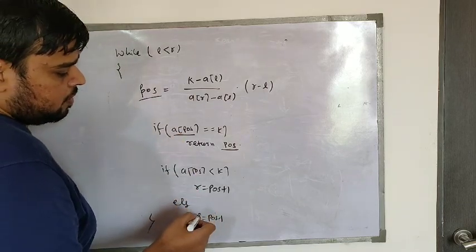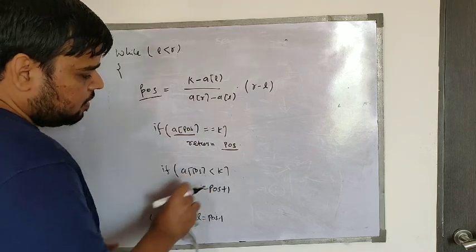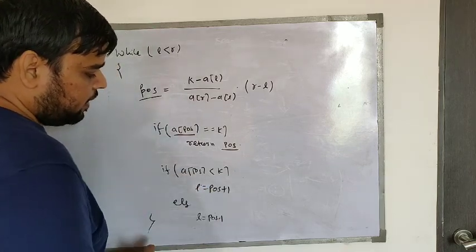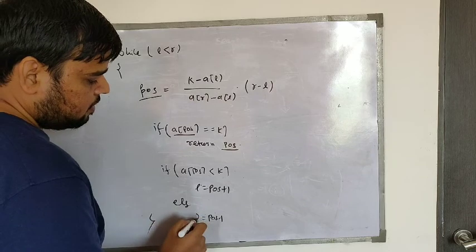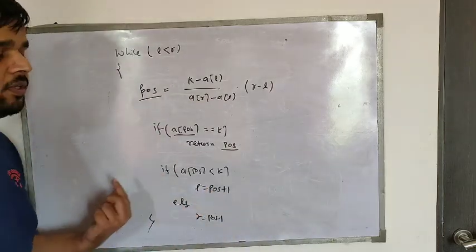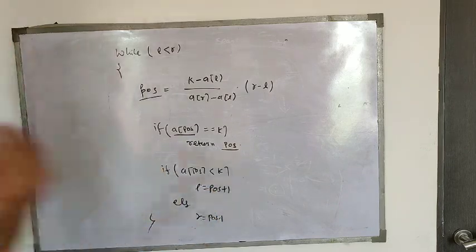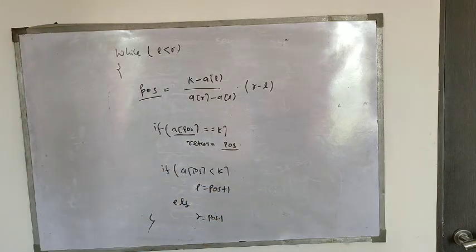So your L will start at the right of the index. Otherwise your element lies in the first half, at the below of this position, to the left of this position.